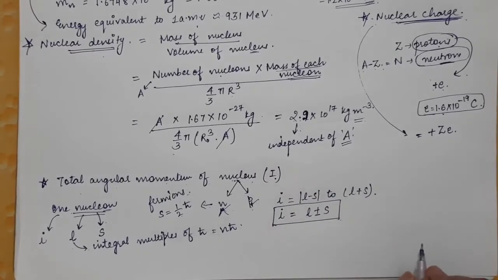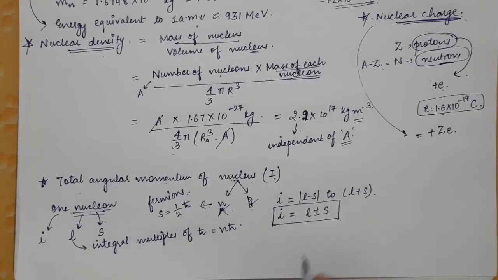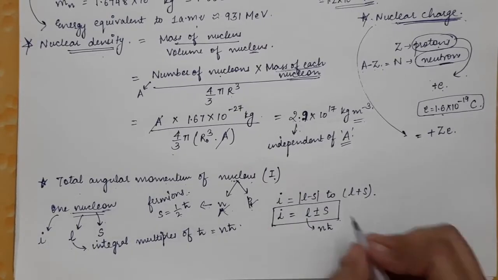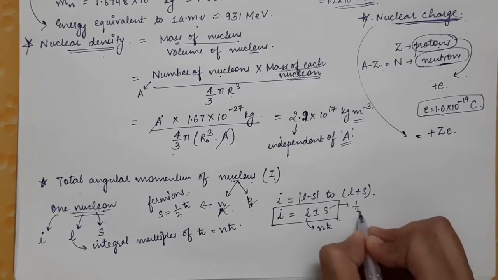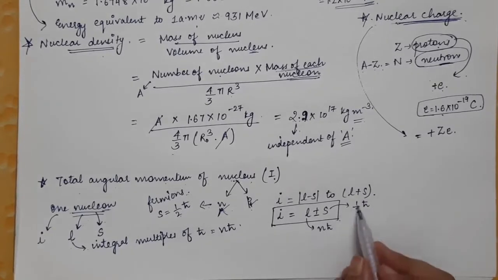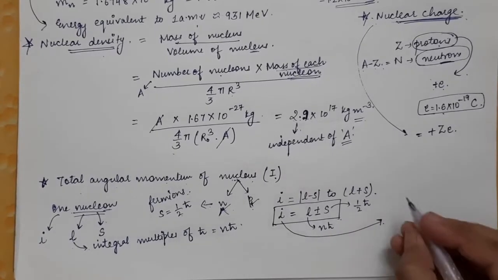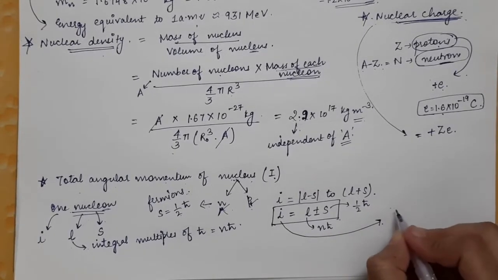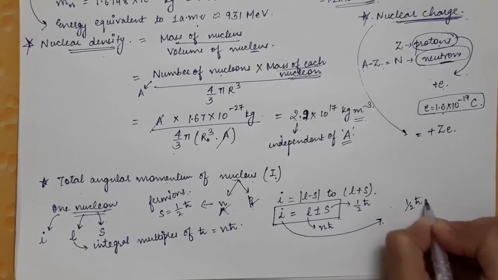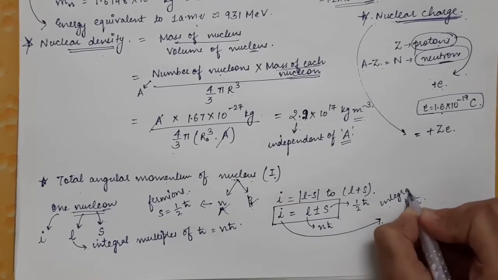So these will be the values taken by the total angular momentum of a single nucleon. Since l takes values which are integral multiples of h cut and s has only one value, which is half h cut, on solving you get that small i will take values which are multiples of half h cut.